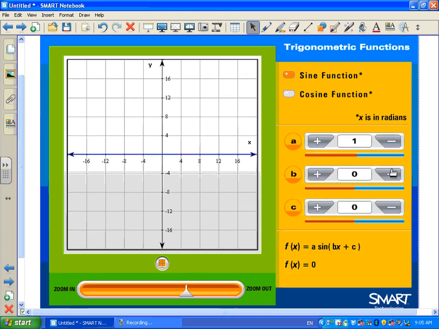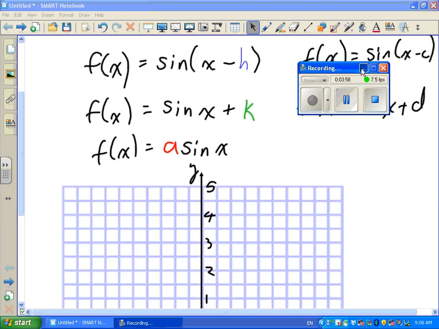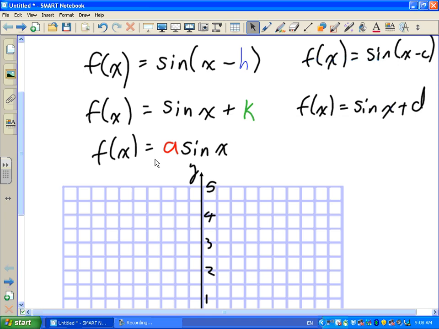Use B and C. Oh, you know what? X is in radians. I got to change that too. Why does stuff work? Maybe we can't use this. Oh, yes, I am recording. Oops. All right, scratch that idea of the other one. We're just going to make our own graph.